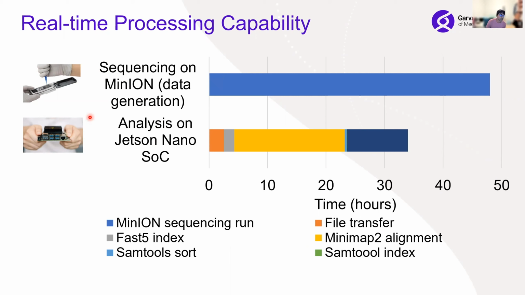So you can plug in a device like this directly, and if you come up with a real-time analysis method, you can keep processing and are able to keep up with it.